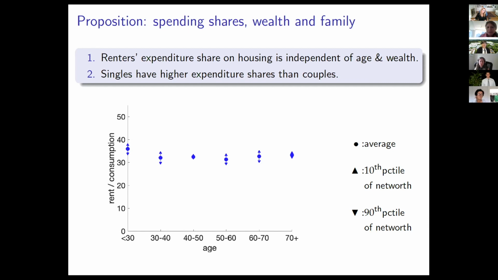So what I'm plotting here is average expenditure shares on rent by age group and wealth. These are averages across about 12 European countries. The dots are the mean expenditure share across countries in each age group. And as you see, renters of all ages spend about a third of their consumption on rent.